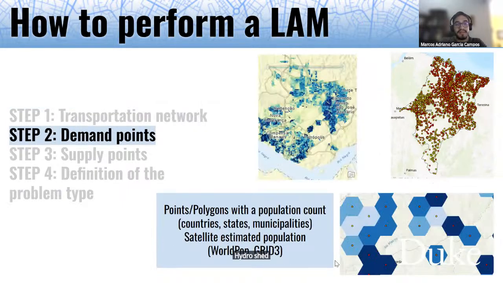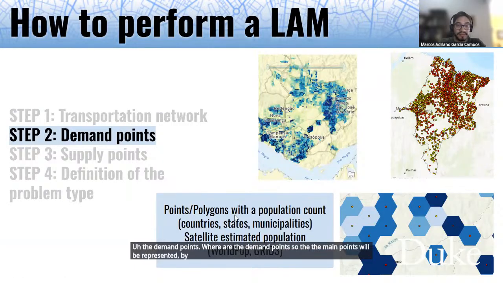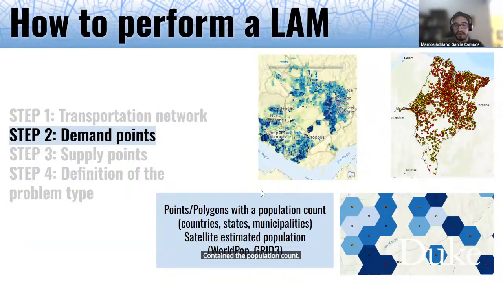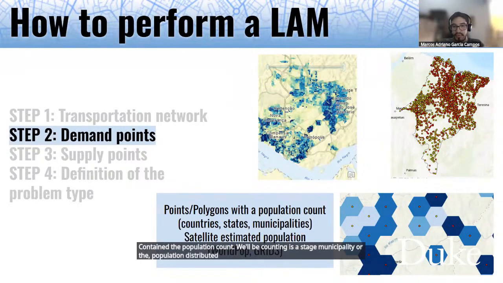The second step is to define what the demand points are. Where are the demand points? So the demand points will be represented by points or polygons containing the population count. It could be a country, a state, a municipality, or the population distributed in space.